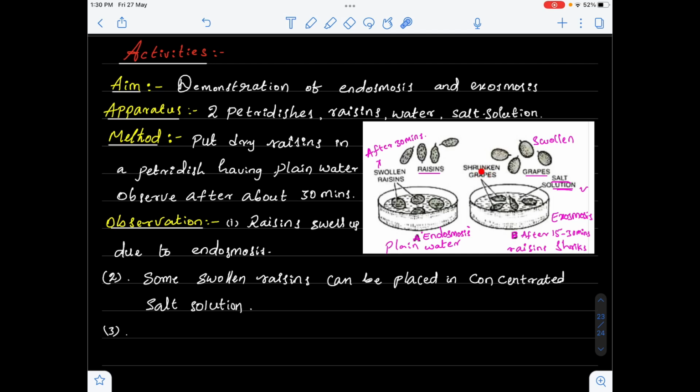The raisins placed in salt solution shrink due to exosmosis.